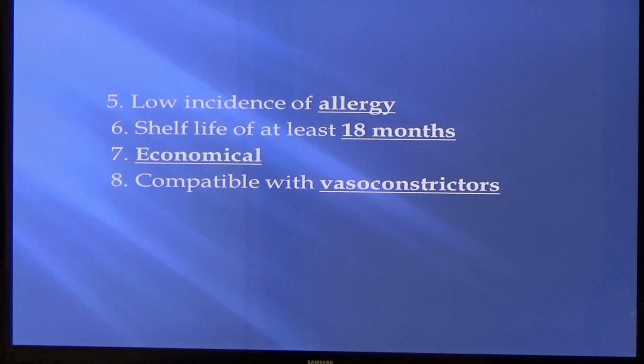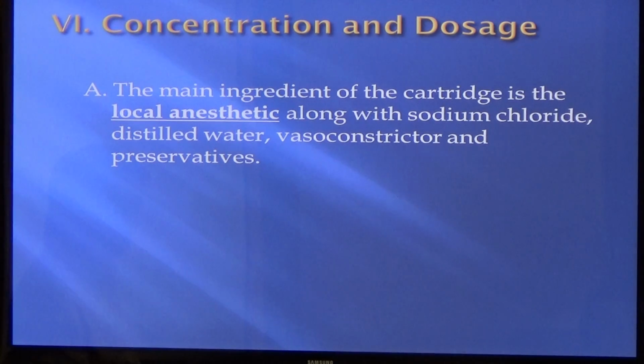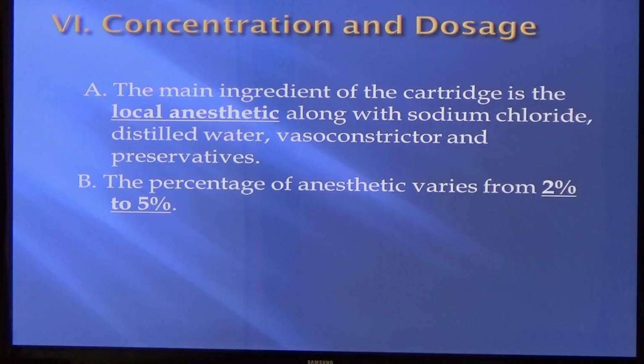Oh, and it's compatible with vasoconstrictors, and I'll talk about what those are. Okay, the concentration and dosage: the main ingredient of the cartridge is the local anesthetic. And again, they add some preservatives, sodium chloride, distilled water, and vasoconstrictors. The percentage of the anesthetic is 2% to 5%, and that's what we need to pay attention to.